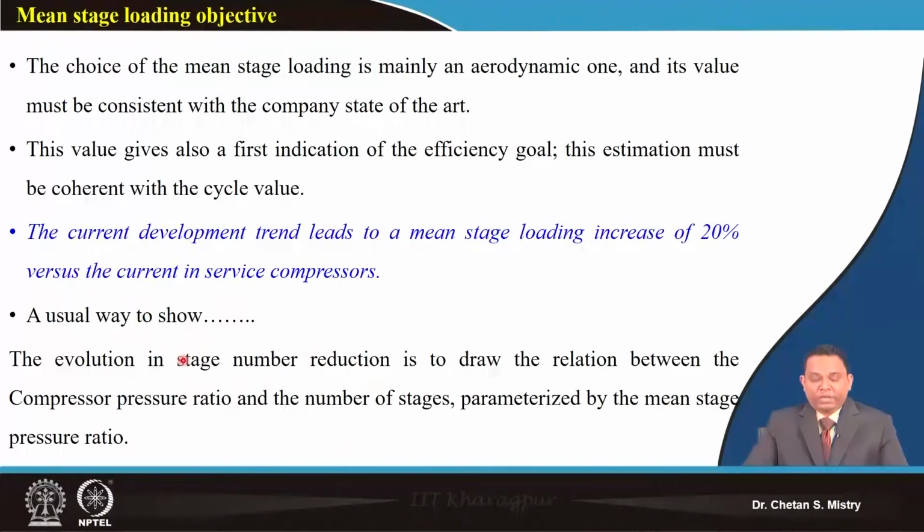So this is in relation with what pressure ratio we are expecting, what number of stages we are talking about, and the effect of the different parameters we have discussed, that is, my mean loading coefficient and peripheral speed. Let's try to understand the effects of these parameters.